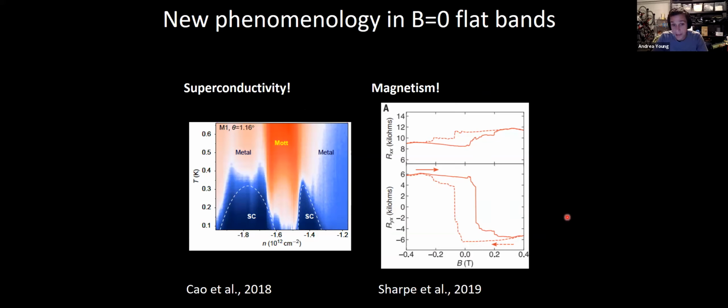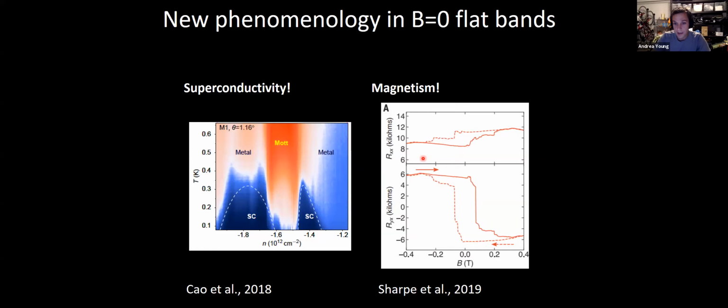We've of course studied flat bands in Landau levels for many years, but having flat bands at zero magnetic field opens up two obvious, interesting new directions, which are the study of phenomena that are normally antithetical to observation at high magnetic fields. In particular, superconductivity, which is usually suppressed by magnetic fields, was observed in twisted bilayer graphene in 2018, and ferromagnetism was observed in a very similar system shortly thereafter.